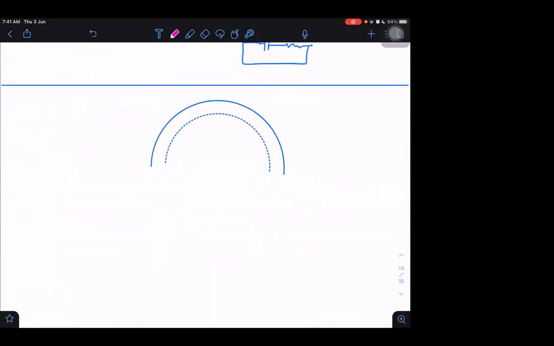Now, this question. Let us say we have a semicircular... Let me take. I don't know how to make the diagram properly. I will try.